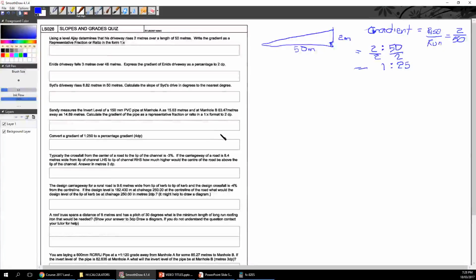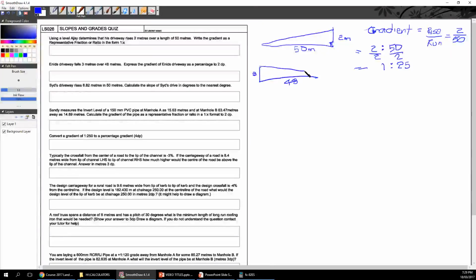Enid's driveway falls 3 meters over 48 meters. So this driveway is falling 3 meters over a length of 48 meters. Express the gradient as a percentage to 2 decimal places.